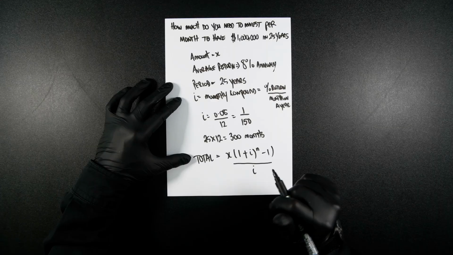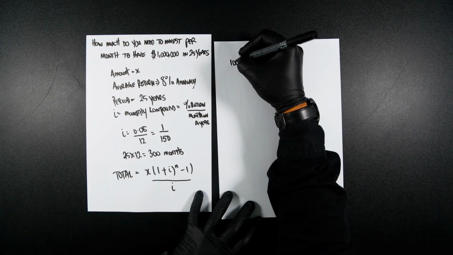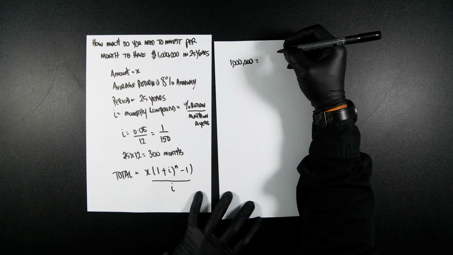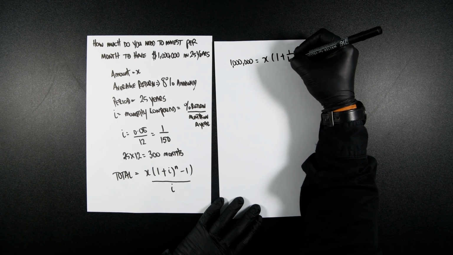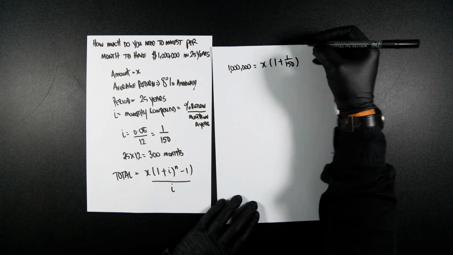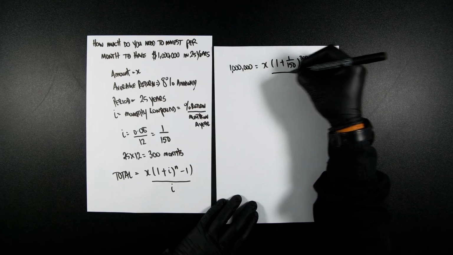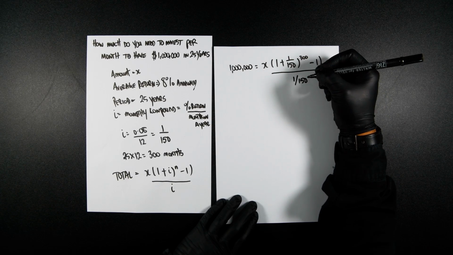We're now ready to start plugging some things in. So we're going to have 1 million equals X times (1 plus 1 over 150 to the power of 300 minus 1) divided by 1 over 150.